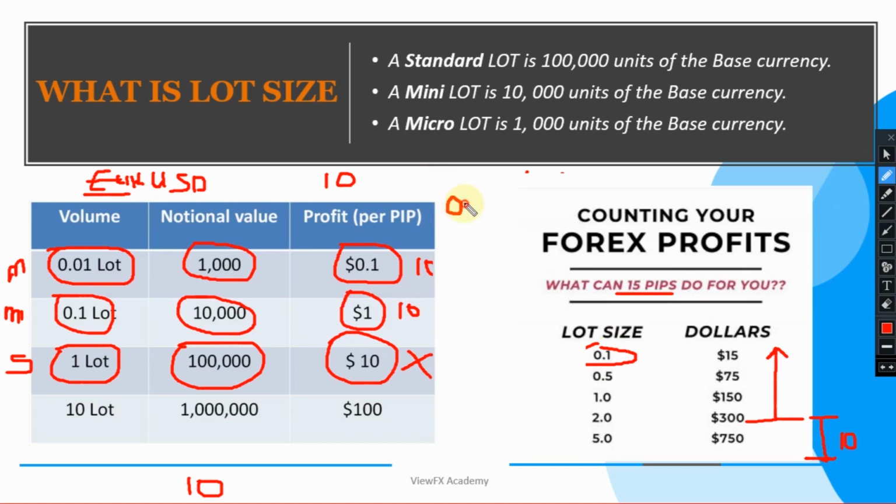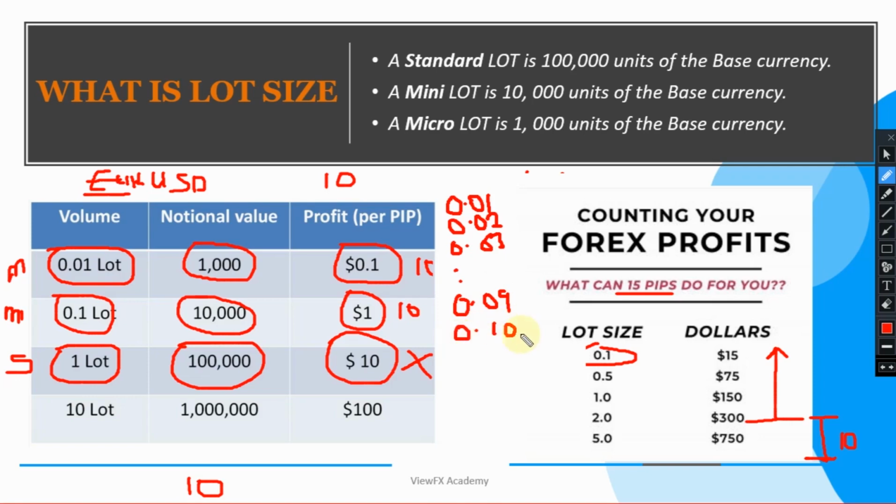The minimum is 0.01. You can go up like this: 0.02, 0.03, until you get to 0.09. And after 0.09, the next is going to be 0.10.